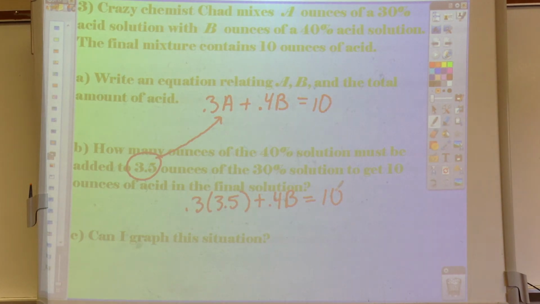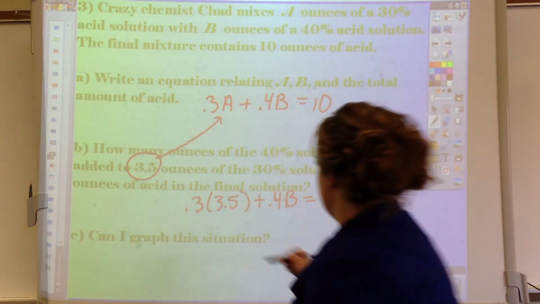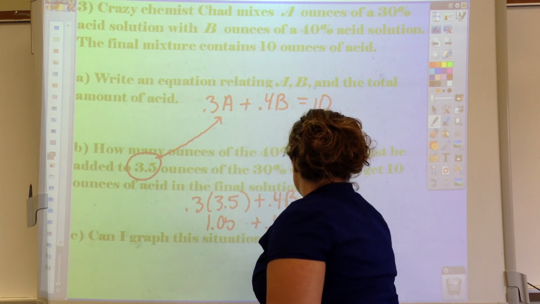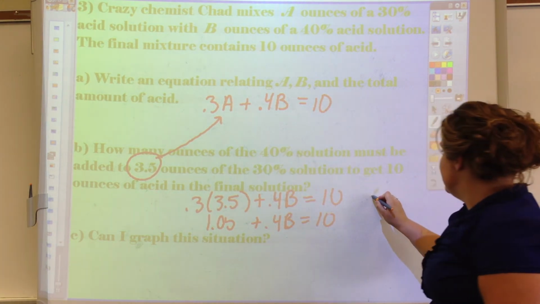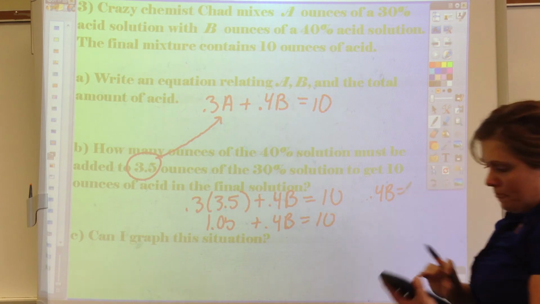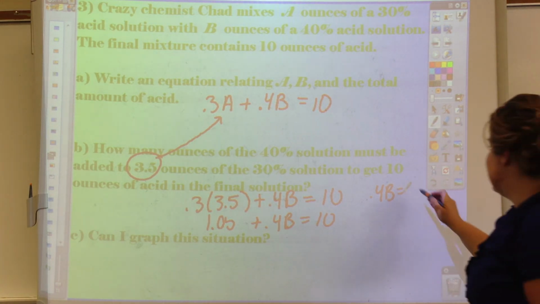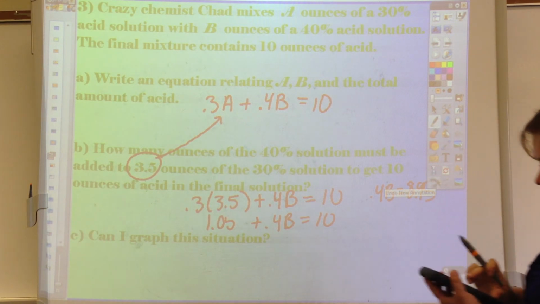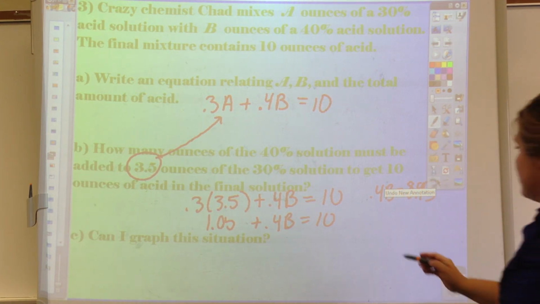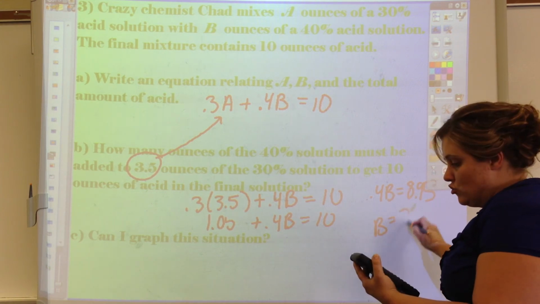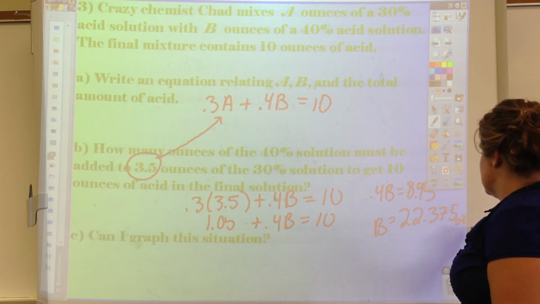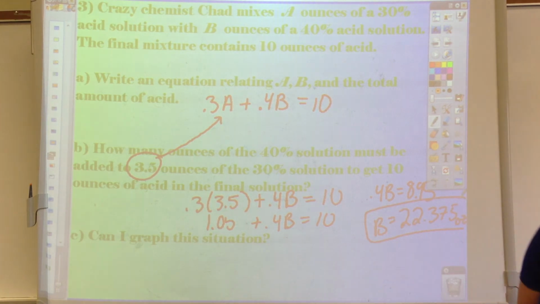Let's go ahead and multiply 0.3 times 3.5, and we get 1.05. Let's subtract that on both sides so that we get our B variable alone. And I get 8.95. Divide both sides by 0.4, and I get 22.375 ounces.